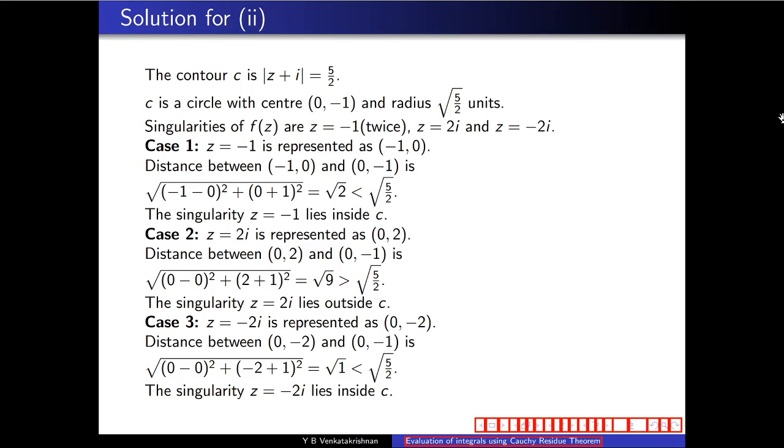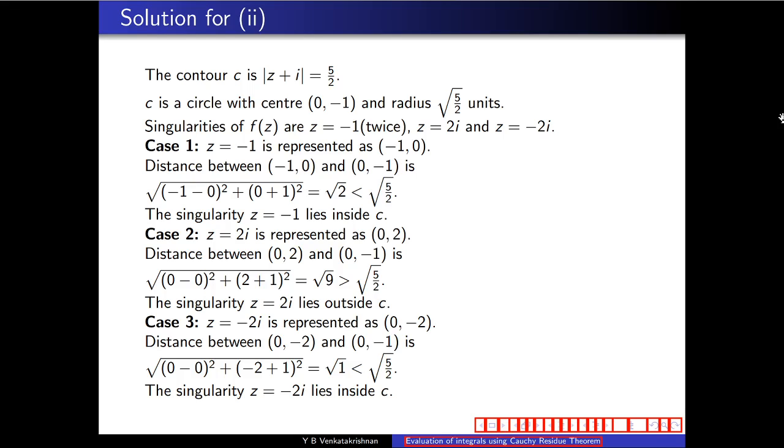So z is equal to minus 1 is represented as minus 1 comma 0, because minus 1 is a real number which does not have any imaginary component, and therefore we can write z is equal to minus 1 as minus 1 comma 0. And you know that the center of the circle is 0 comma minus 1.